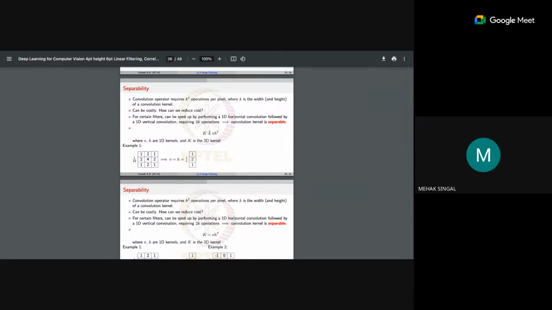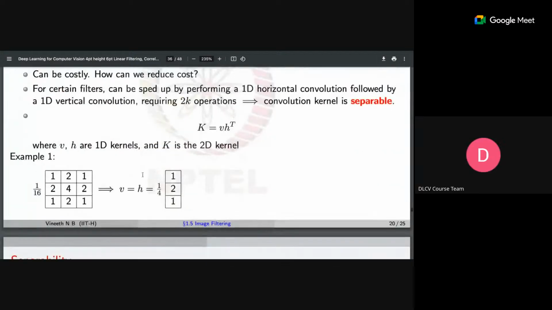Because you are taking an outer product, only one of the rows or columns will be independent. So here for this particular example, given this kernel matrix 1, 2, 1, 2, 4, 2 and 1, 2, 1, how many independent rows are there? Do you know the difference between dependent and independent rows and columns of a matrix? You must have learned that in linear algebra, right? Yes, sir.